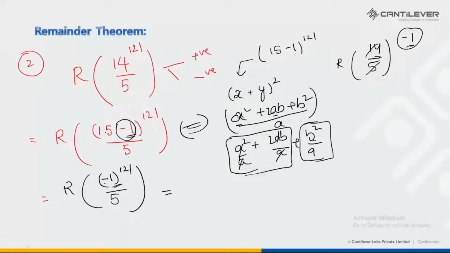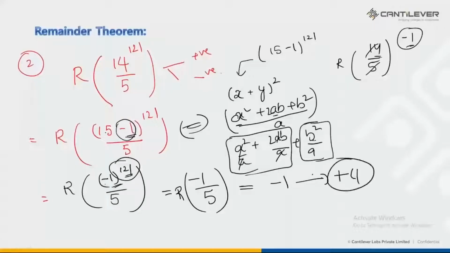Signs are very important, because a negative number to the power of odd will always be negative. So this will be minus 1 by 5. If you are having an even number here, this will be positive 1, then your answer will be plus 1. So here in this case, the remainder is minus 1, so the positive remainder will be plus 4.